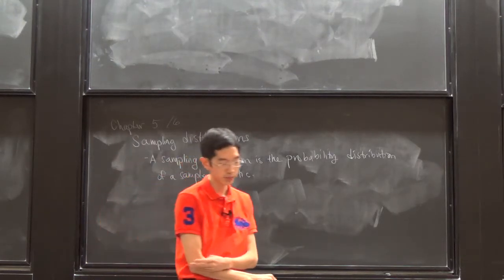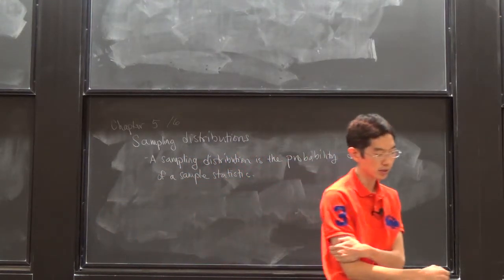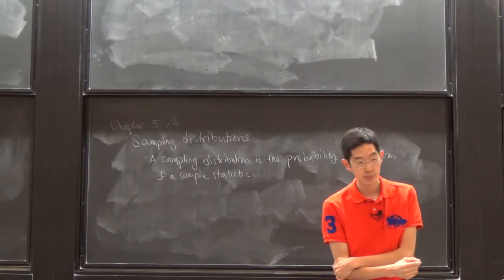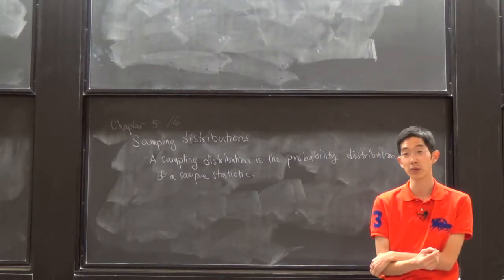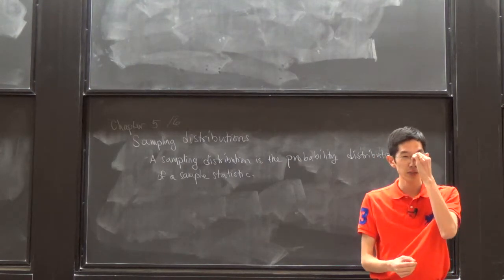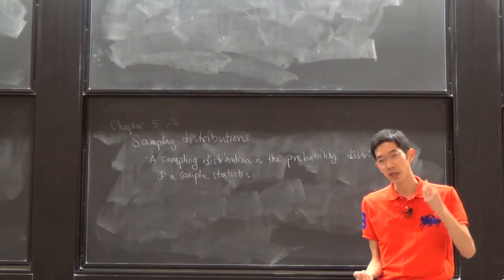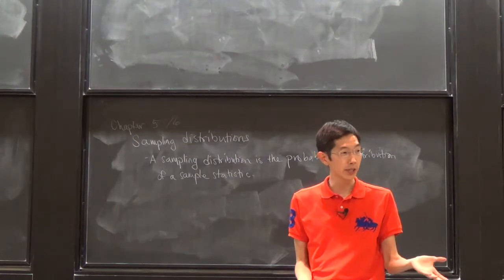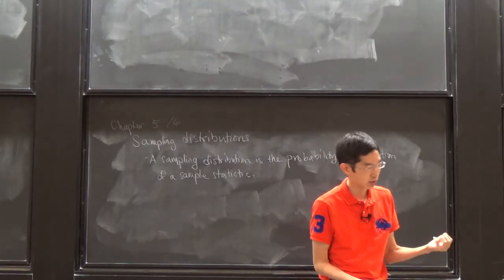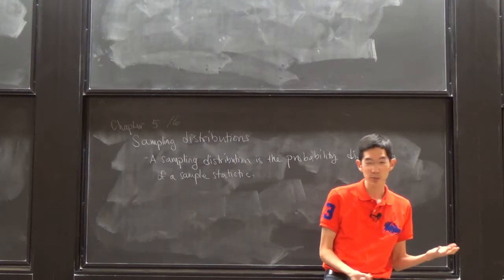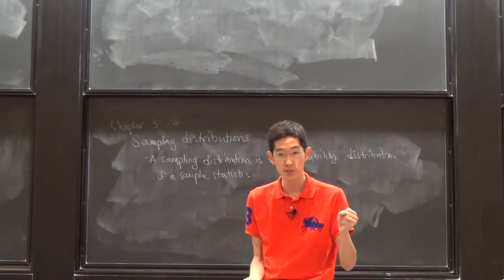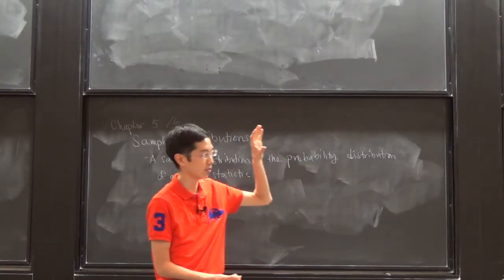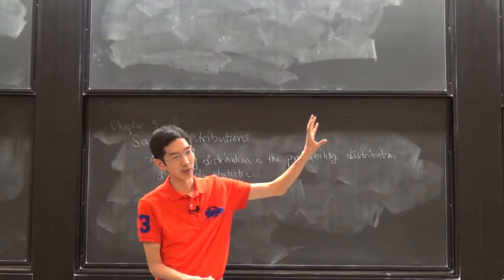So two weeks ago, we learned about the rules of probability, and we learned about probability distributions for random variables. We said a random variable was the outcome of a random experiment where the outcome is numeric. We learned the discrete case of random variables, and we said Y could take on the value 0 with probability 0.5.